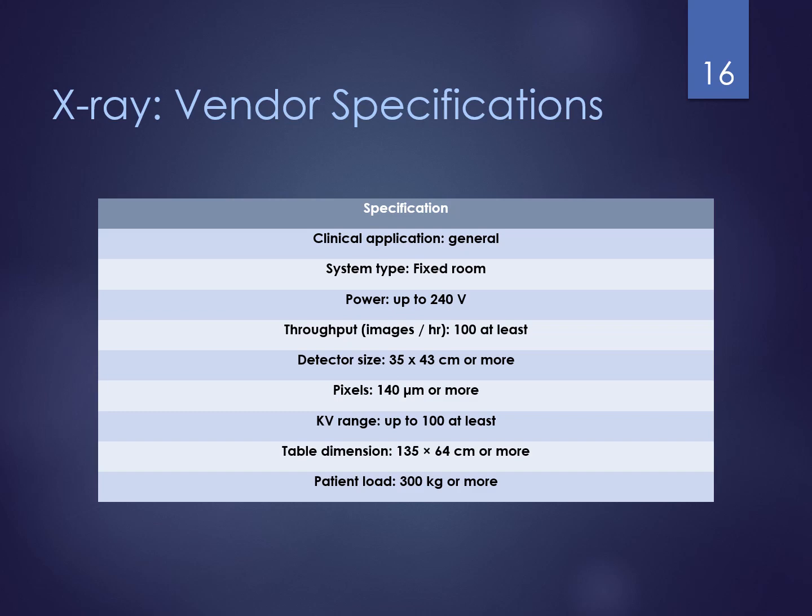Pixels 140 micrometer or more, kilovoltage range up to 100 kilovolt at least. Table dimension 135 by 64 or more, or any table that has the same area or more. Patient load 300 kilograms or more.